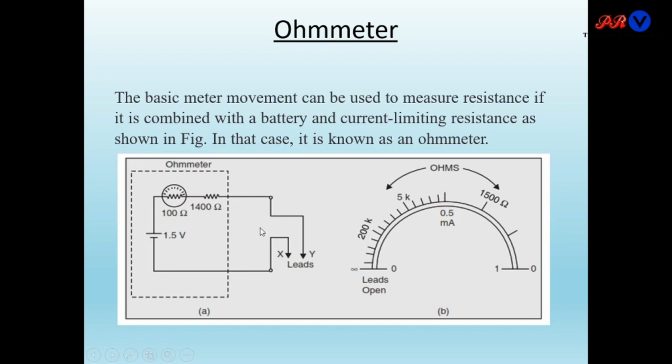Then the current in the circuit is 1 milliampere. So 1 milliampere corresponds to 0 ohm, because X and Y leads are shorted here. Shorted means zero resistance. For zero resistance, this meter shows 1 milliampere current. So now we are calibrating our scale. For 1 milliampere we have 0 ohm resistance or short circuit resistance.